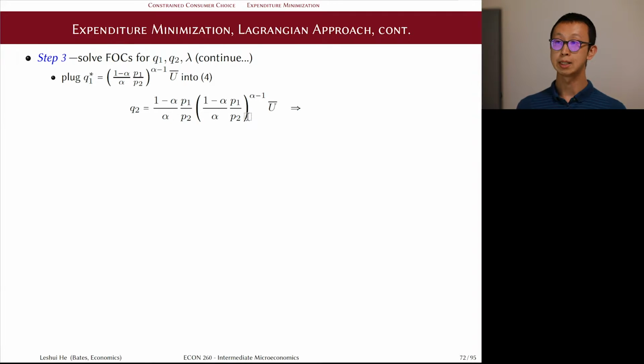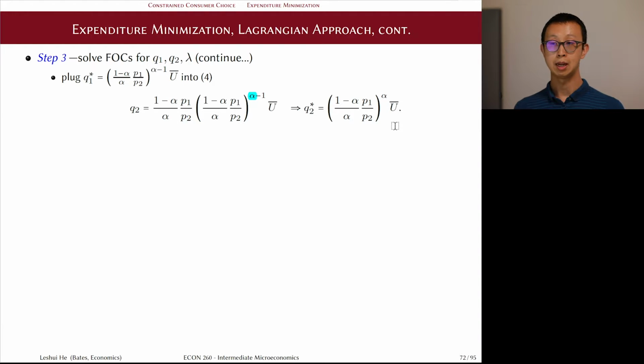Again, you can see this term with the parentheses and the power as the package raised to the power of alpha times the package raised to the power of minus 1. Of course, the minus 1 part will just cancel out with the package in the front with the power of 1. So the result is just the package raised to the power of alpha times u bar. And there we have it. This is the solution for good 2, and it is our q2 star here.